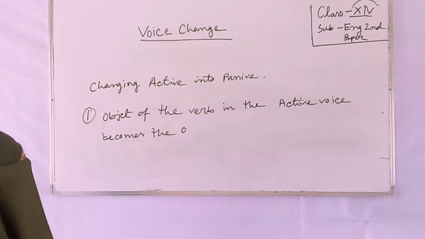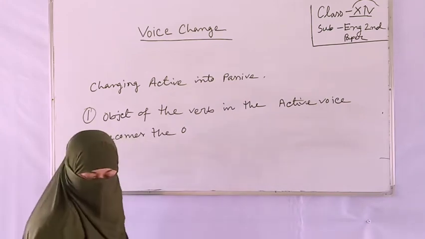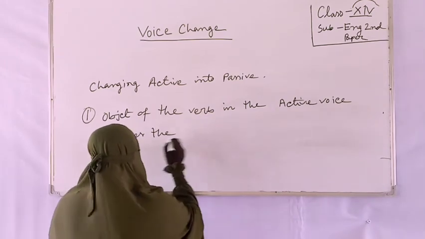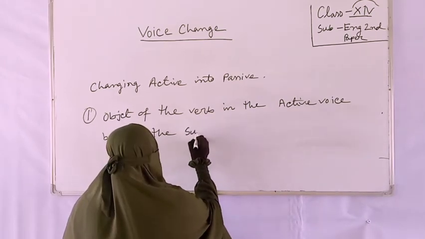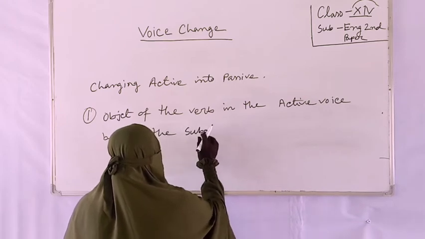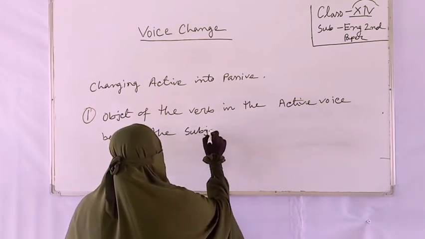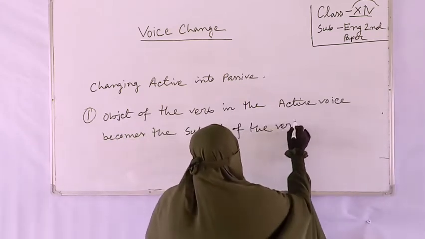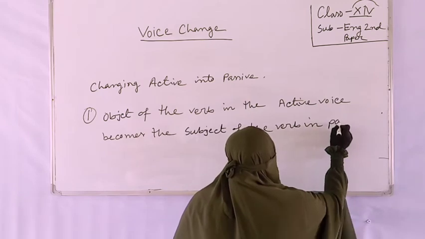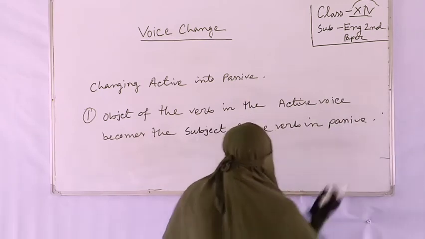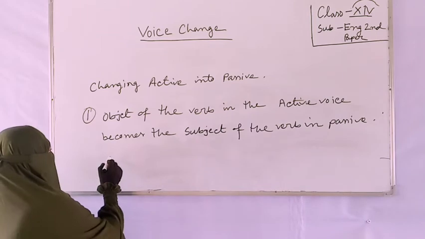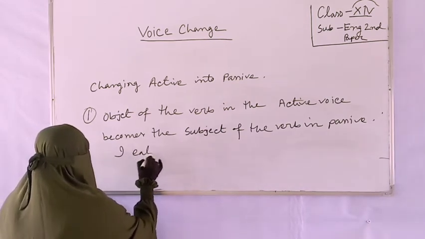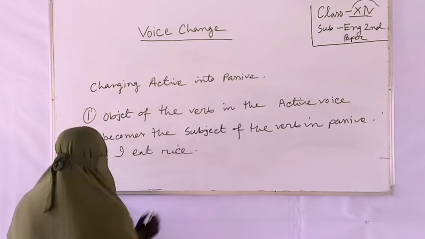The object of the verb in the active voice becomes the subject of the verb in passive. For example, we can go back to the example I eat rice.